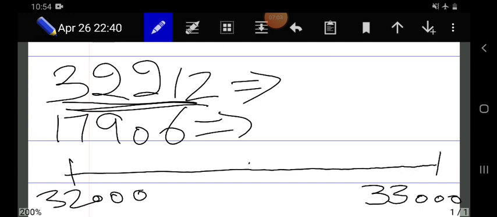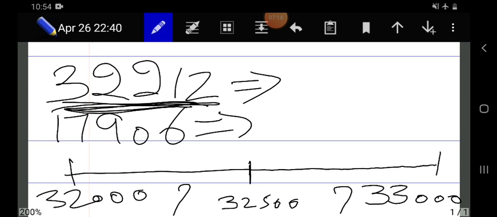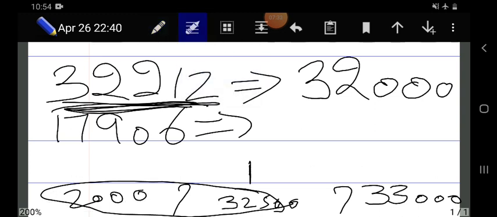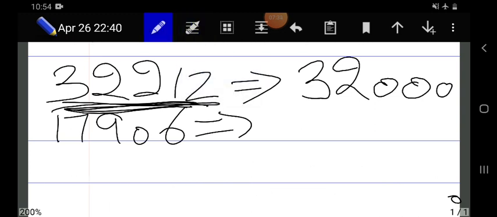The midpoint is 32,500. Obviously 32,212 will lie between 32,000 and 32,500, so we will estimate it to 32,000. The estimated value of 32,212 is 32,000.